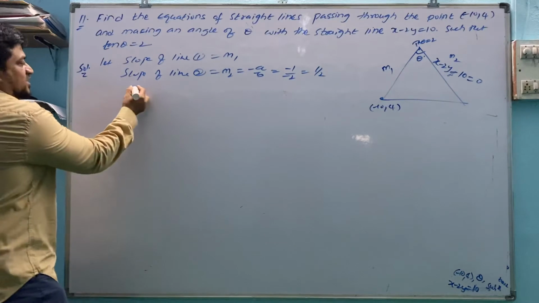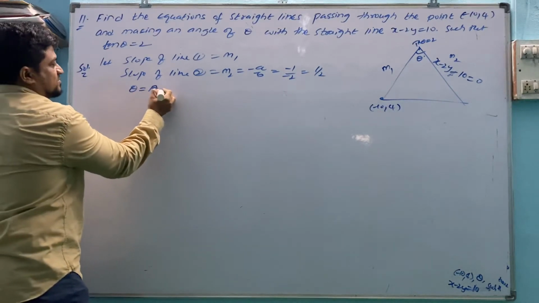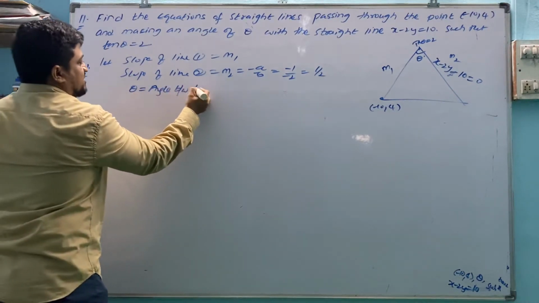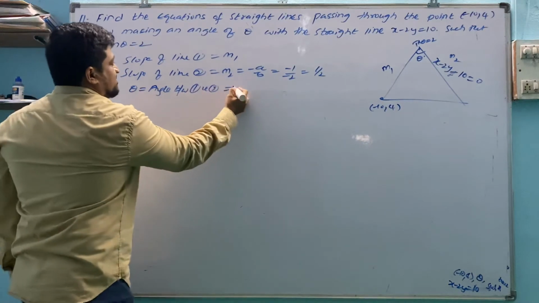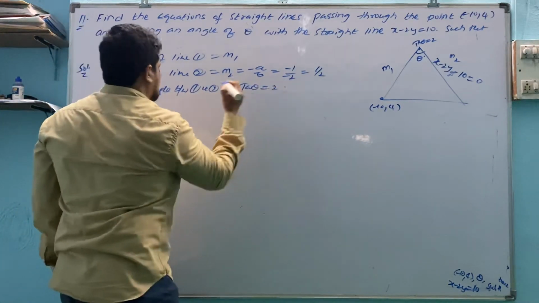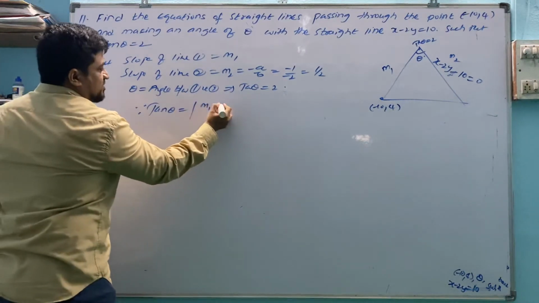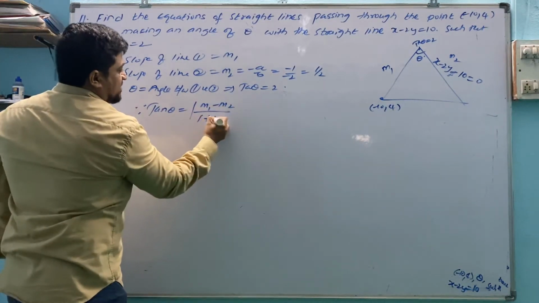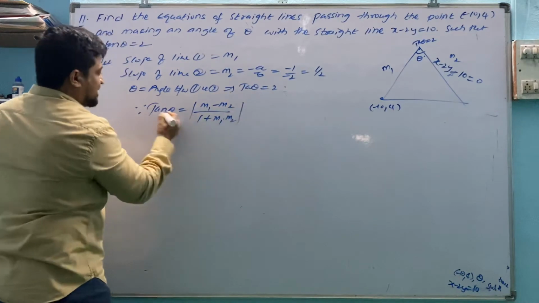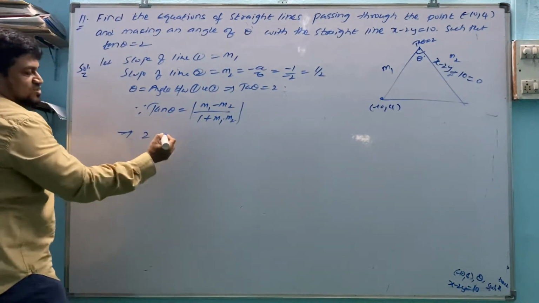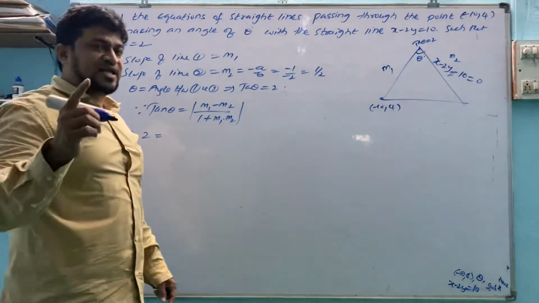Then theta is the angle between lines 1 and 2, which implies tan theta is equal to 2. Now we have the tan theta formula, modulus of m1 minus m2 by 1 plus m1 into m2. Tan theta they have given directly. Previously 45 was given, and tan 60 is root 3.